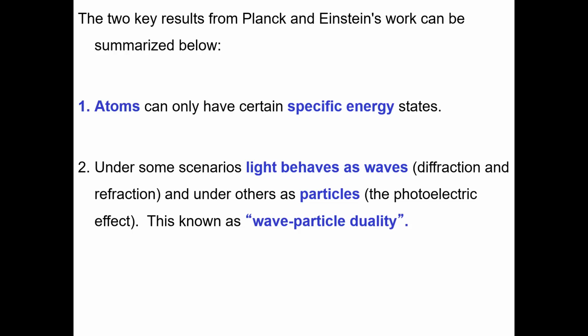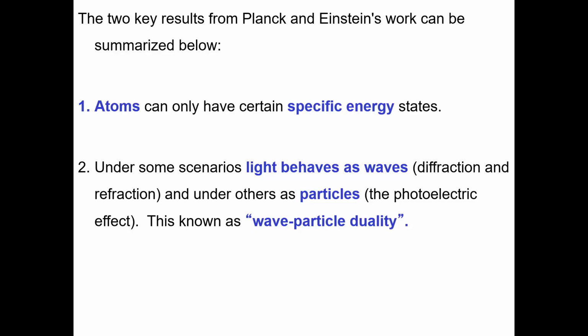That's what's happening in the phenomena of diffraction and refraction. That's why we see the Doppler effect. However, under other circumstances, such as the photoelectric effect, light behaves as particles. And this is called wave-particle duality.